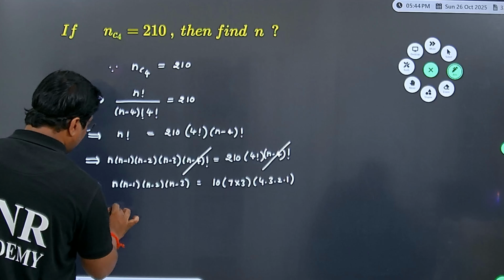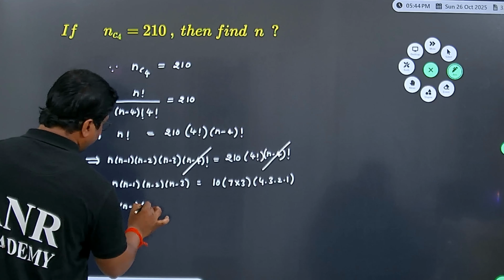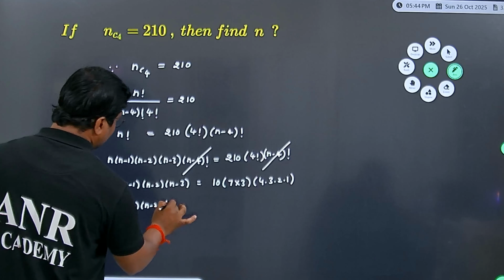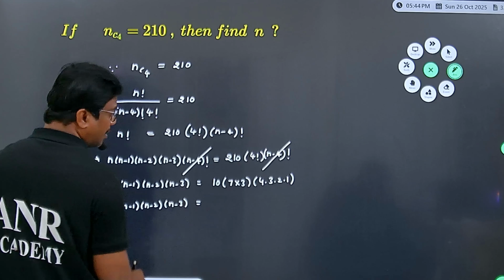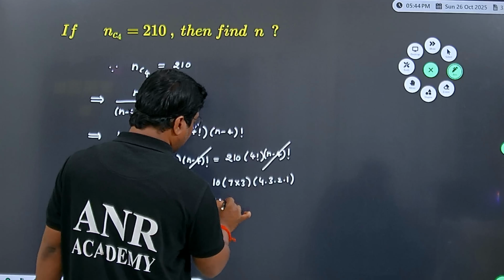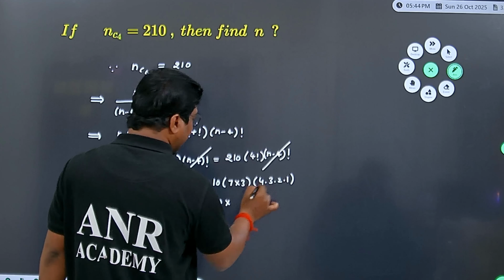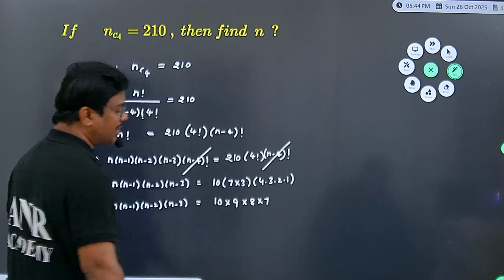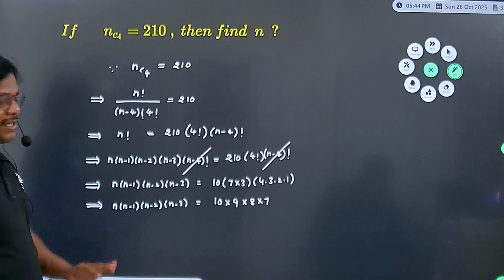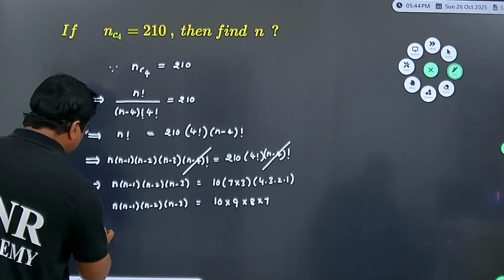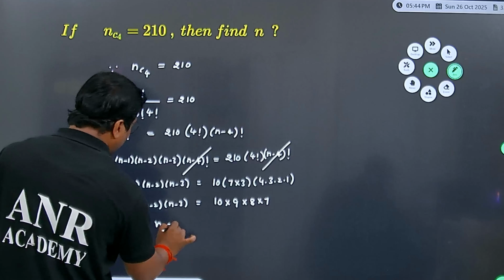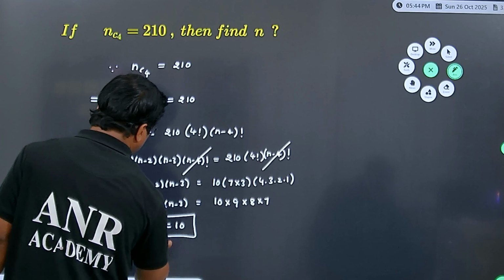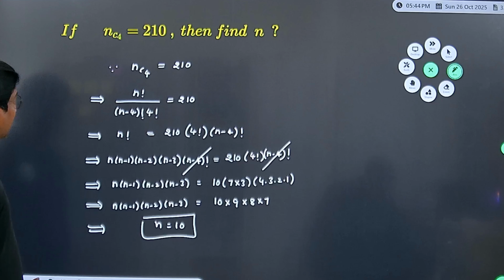Implies we can get n of n minus 1 of n minus 2 of n minus 3 equal to 10 multiplied by, here 3 into 3 9, 4 into 2 8, remaining 7 into 1 7. Product of 4 successive terms you have. On comparison I can write the value of n as 10. This is your answer. Let us move to the next.